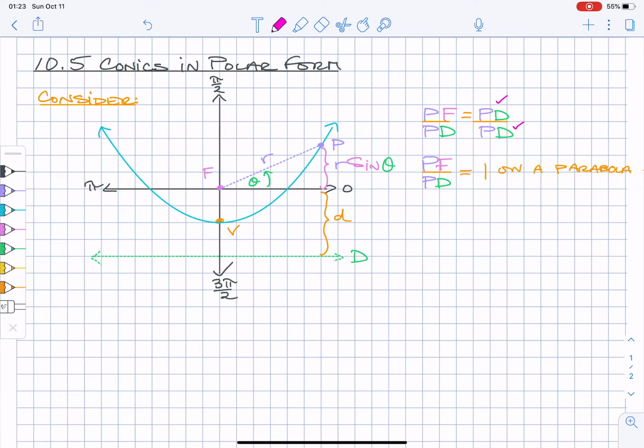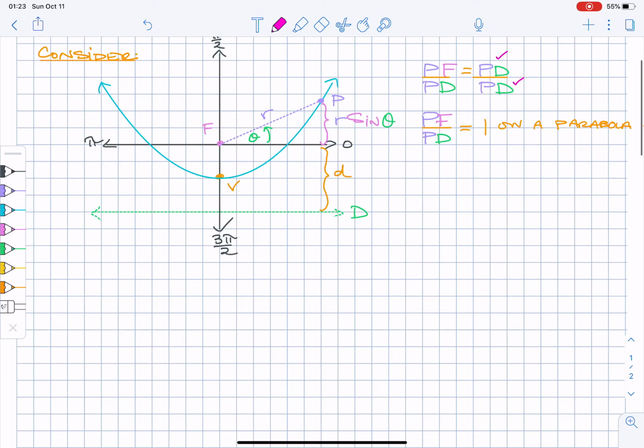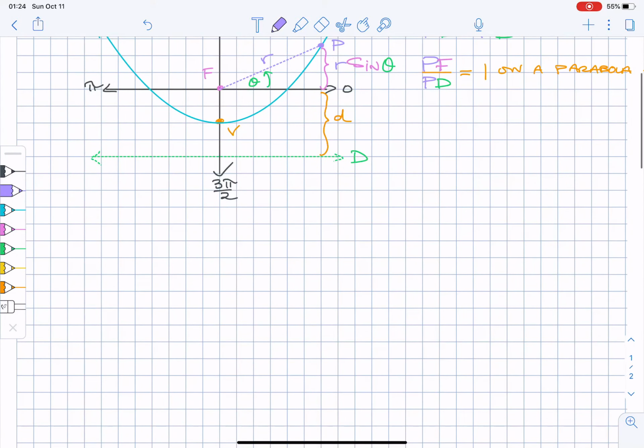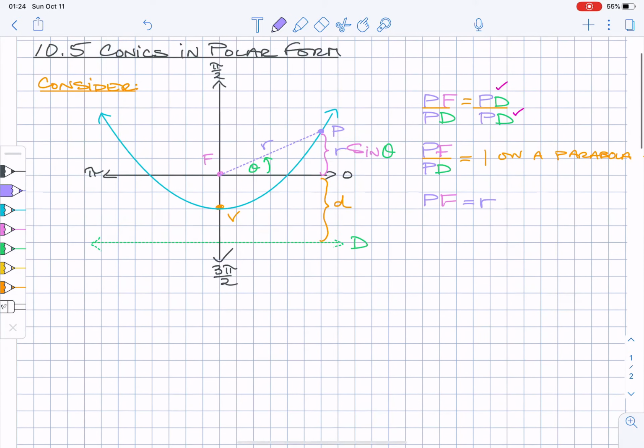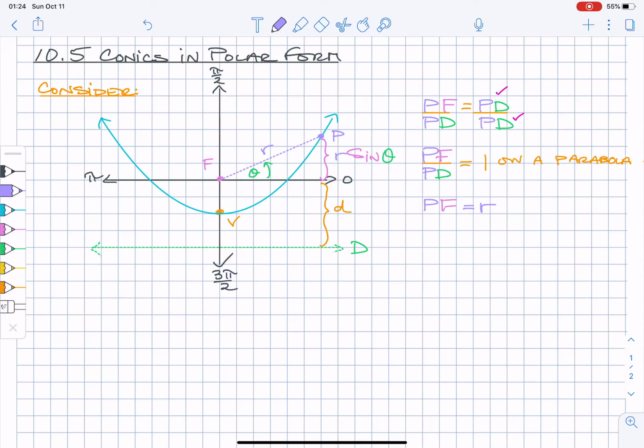Okay, so given that, we know that P to F we called r. It's a radius from the pole to P, which makes sense.